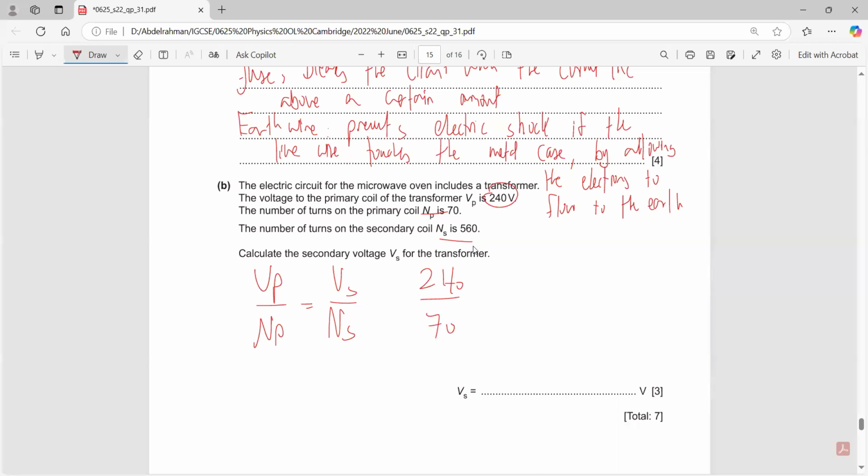Np is 70. Vs, I need to find Vs, but Ns is 560. By a very simple cross multiplication, it would be 240 times 560 divided by 70, which is 1920. 1920 volts. So this is Vs.